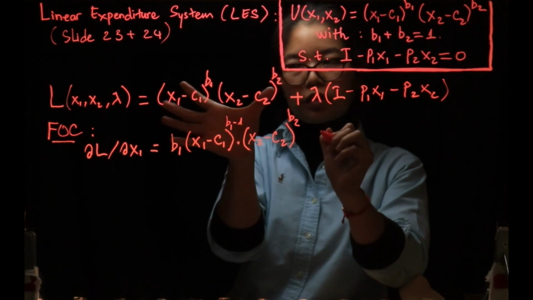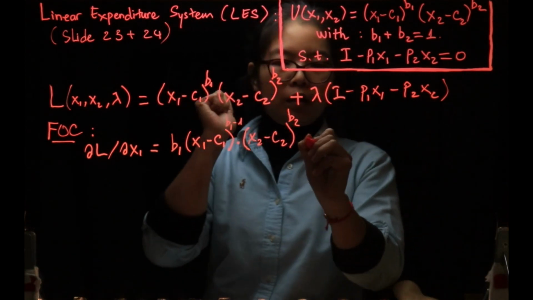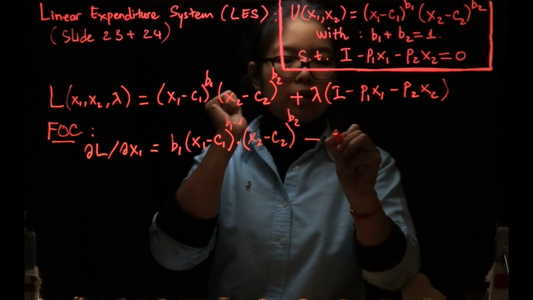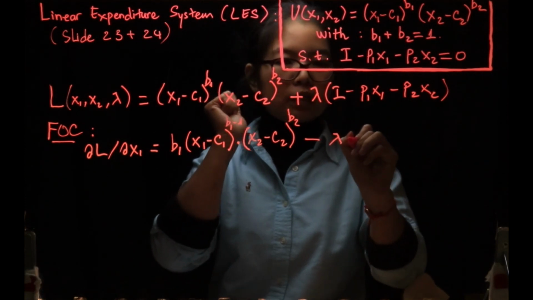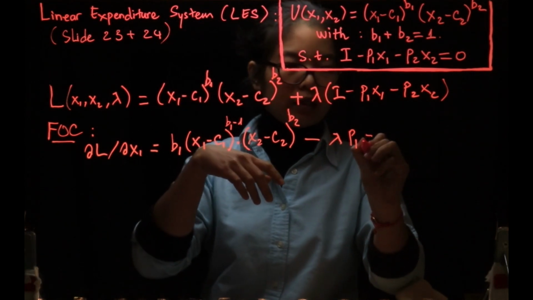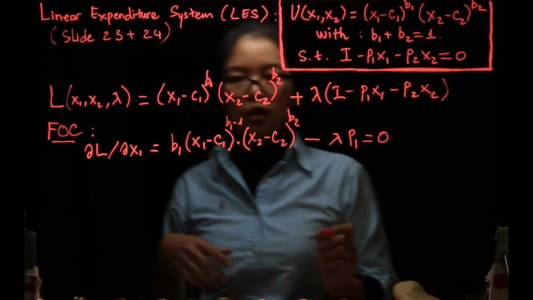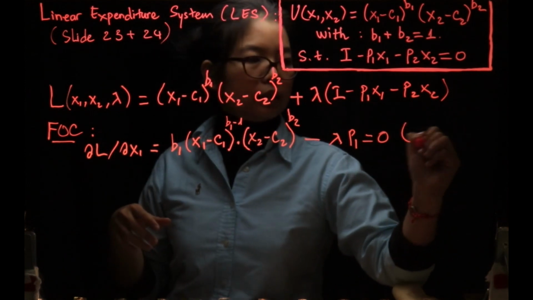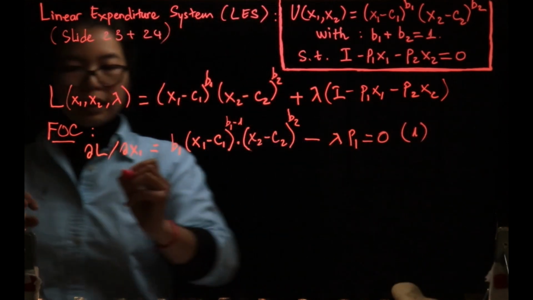This is the derivative of the first part. Minus lambda times p1, like before with the Cobb-Douglas case, equal to 0. Let's call it equation 1 again.